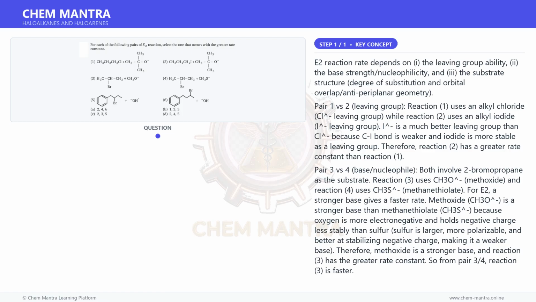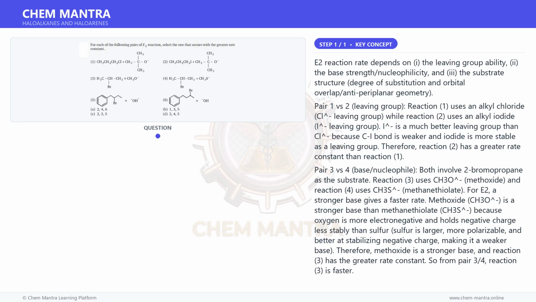Pair 3 versus 4, base nucleophile. Both involve 2-bromopropane as the substrate. Reaction 3 uses CH3O- methoxide and reaction 4 uses CH3S- methanethiolate. For E2, a stronger base gives a faster rate.